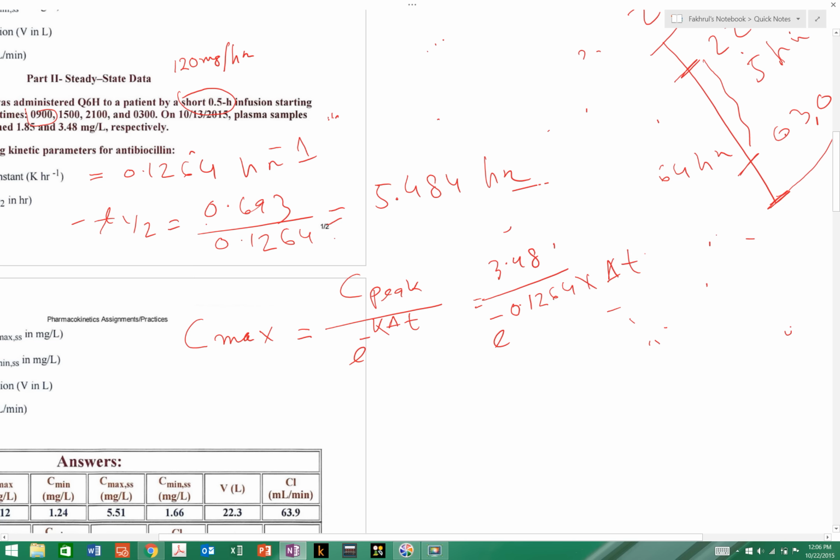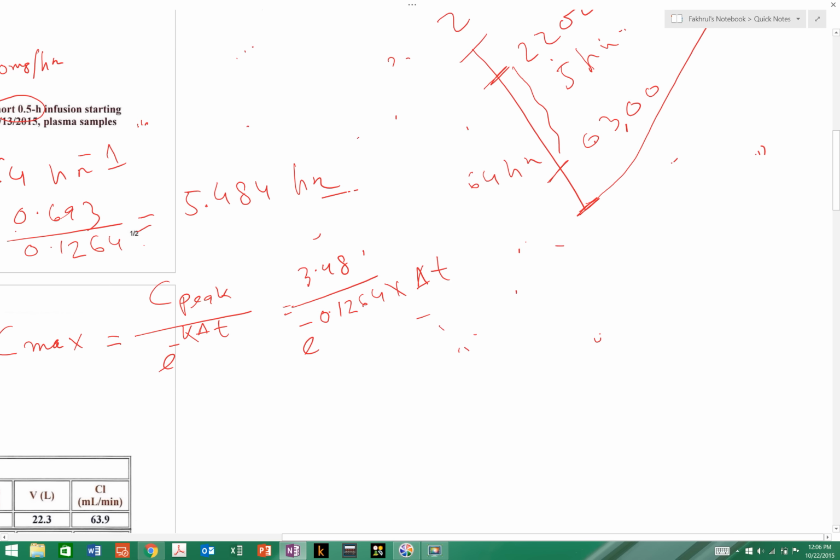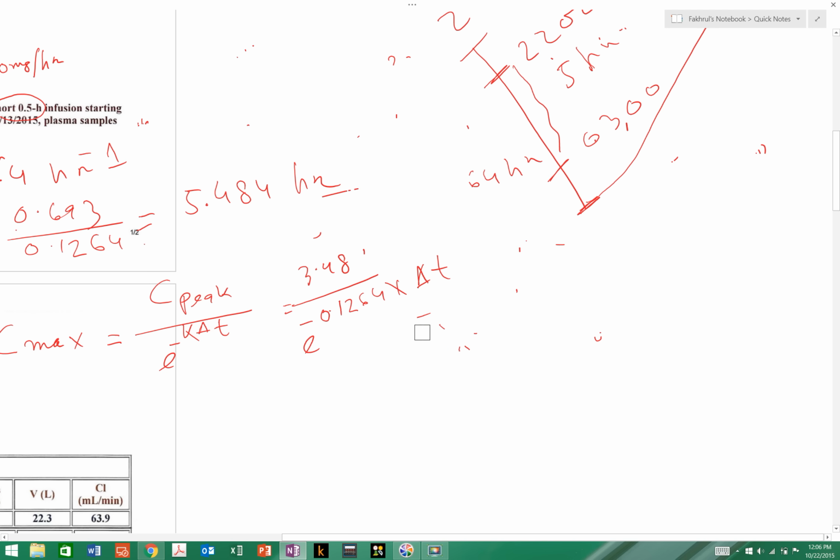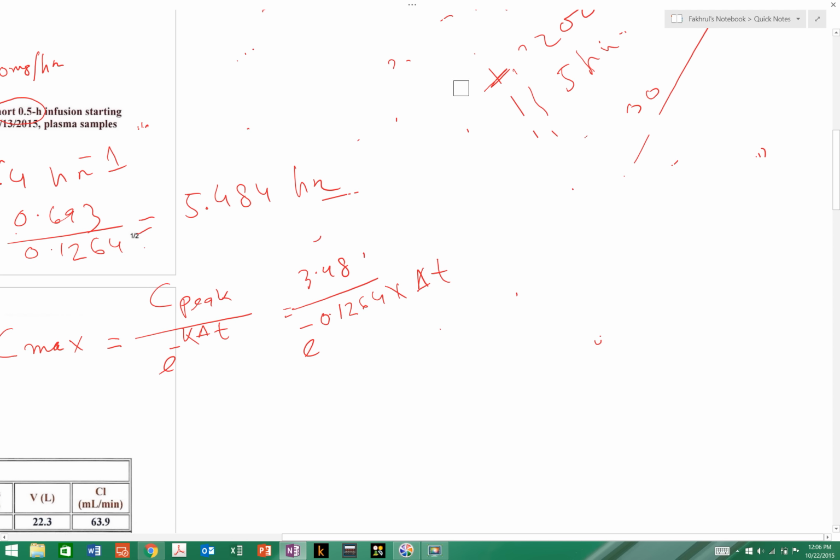So here we have to calculate delta t. You know how to calculate delta t, same as before. Let's take a look again at how to calculate delta t.